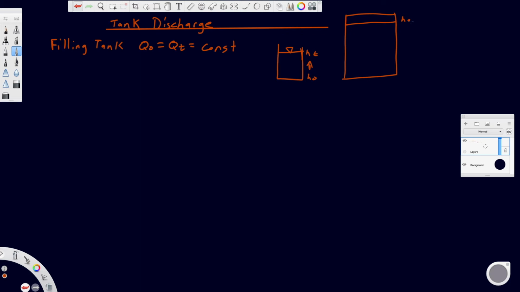Once you've filled it up, at H of T, it's basically the same thing. You're not really losing any depth of your fluid column in your clear well over time, and the change between H naught and H of T is pretty much negligible. In other words, you have an energy gradient between the two that remains constant, and that's why you have a constant flow rate.